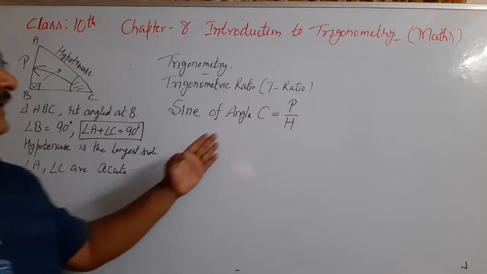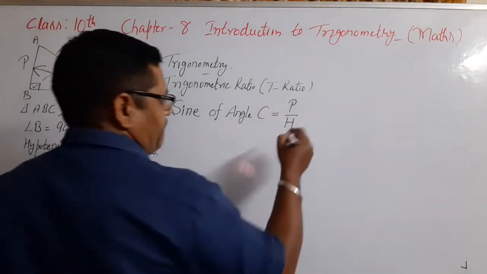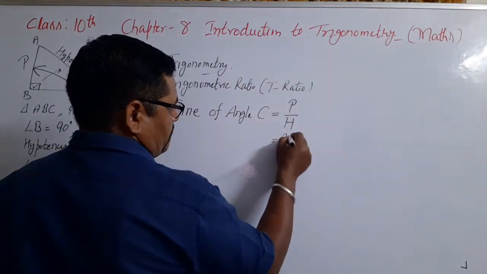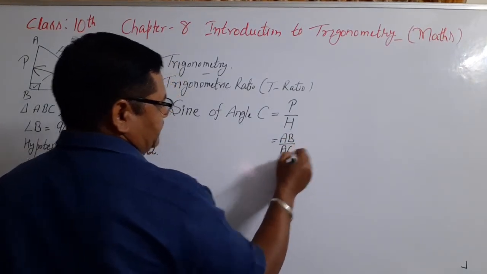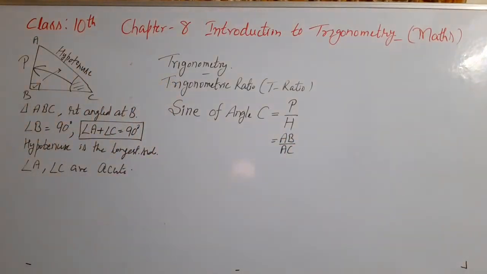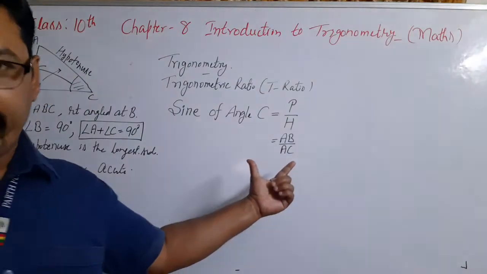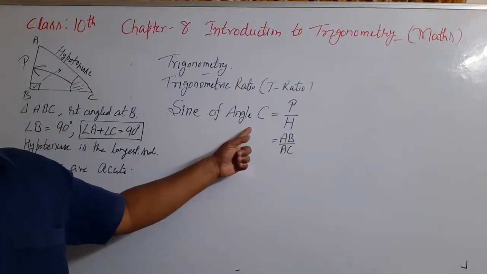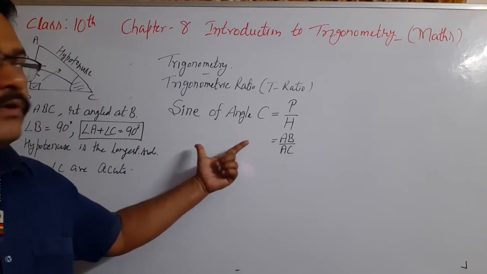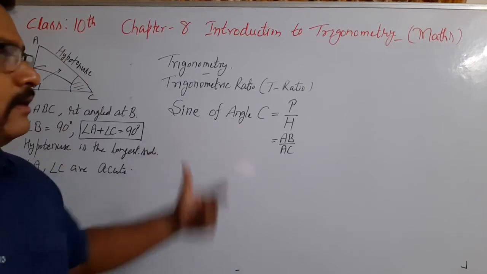Now as I have taken angle C, the perpendicular is AB and the hypotenuse is AC. So in this way I have related the ratio of two sides of a triangle with respect to an angle, and this ratio is called sine, the trigonometric ratio sine.